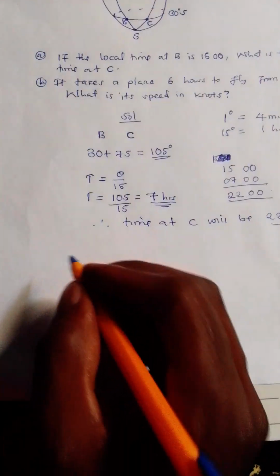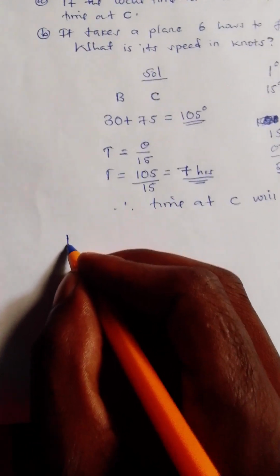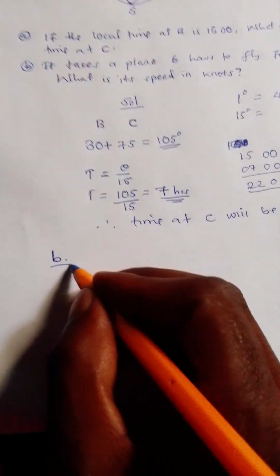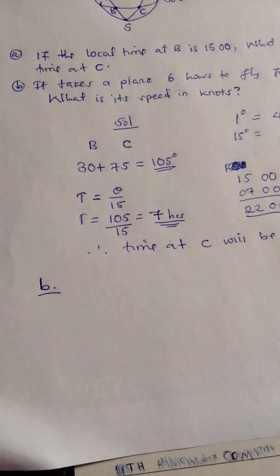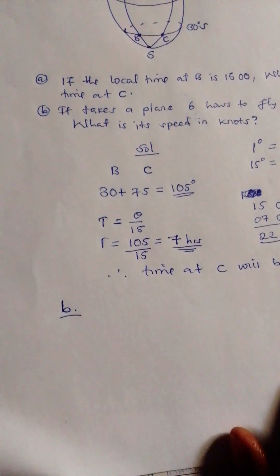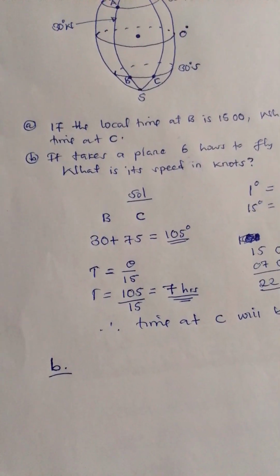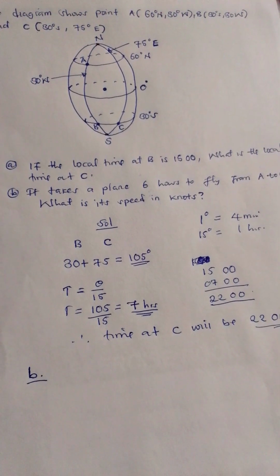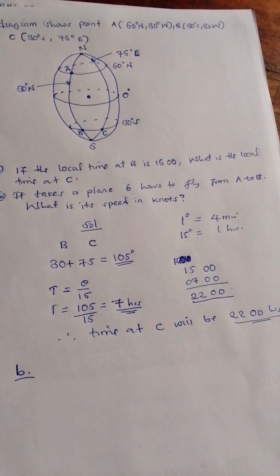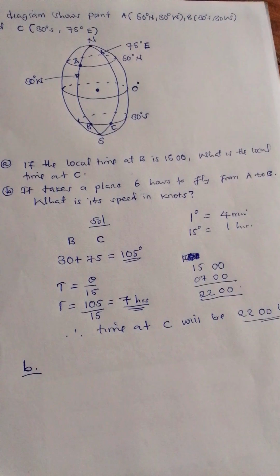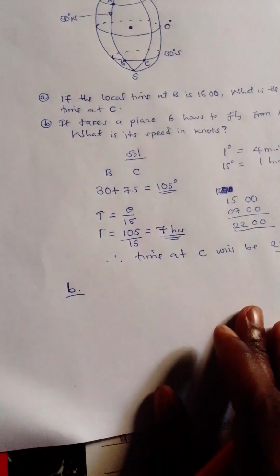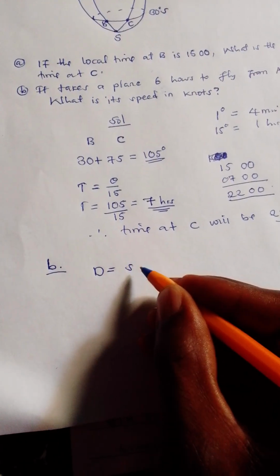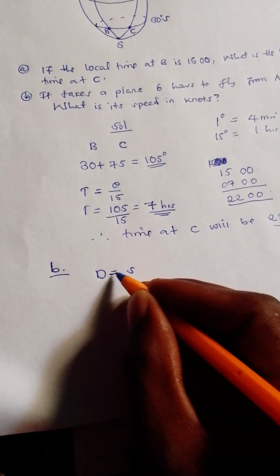Now let's go to question B. B is saying, if it takes a plane 6 hours to fly from A to B, what is its speed in knots? So let's write the formula. Speed is equal to distance over time.